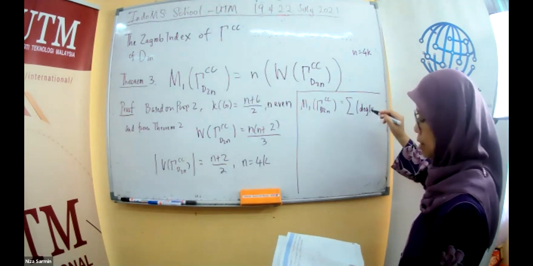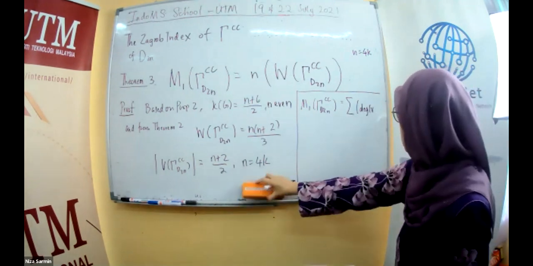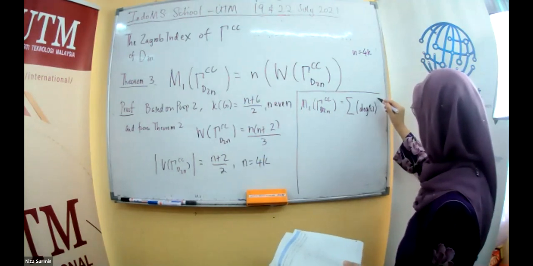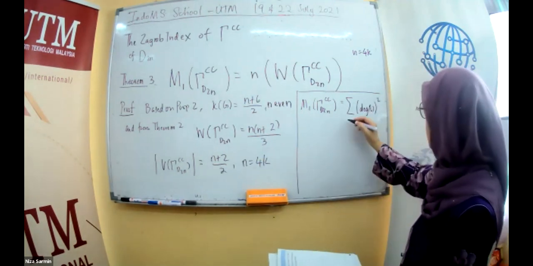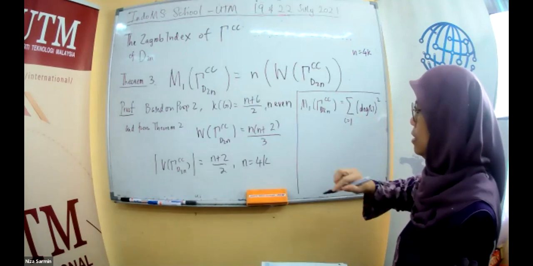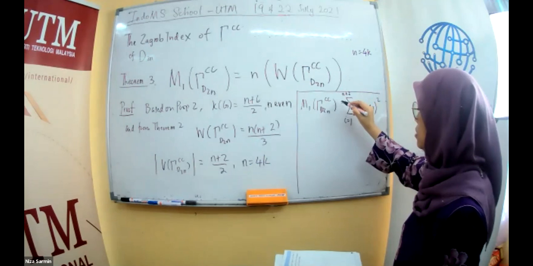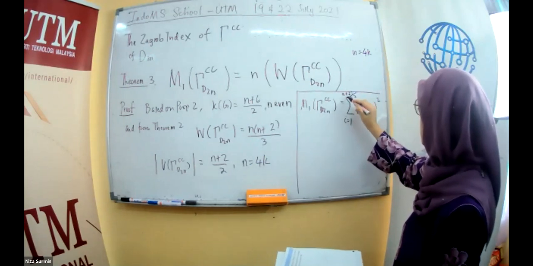Degree of, we call it i, squared, i from 1 until all the number here, (n+2)/2.